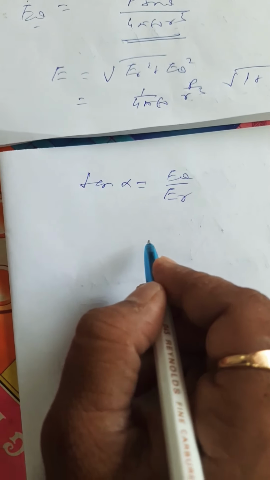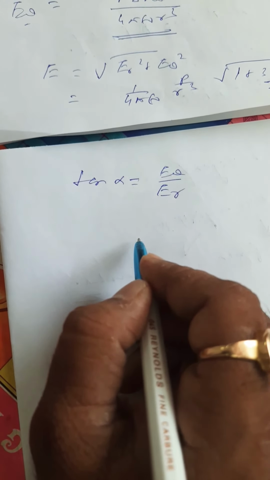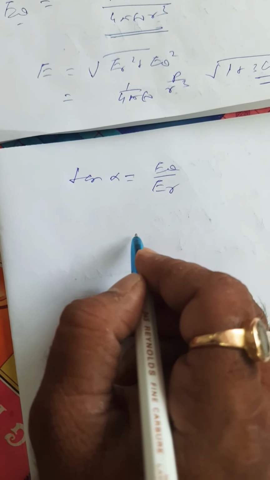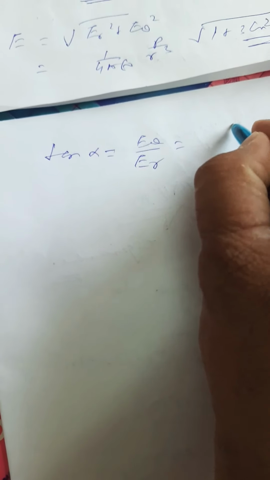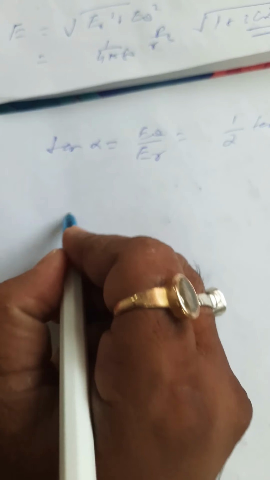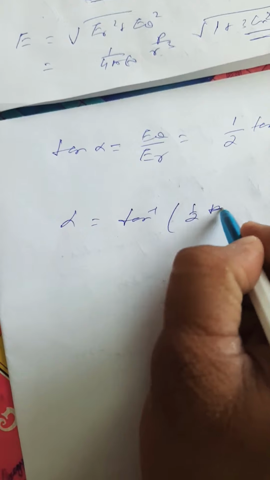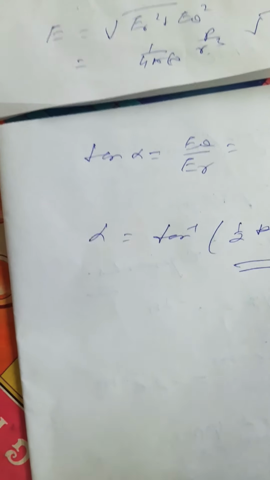Now substituting the value of E theta and Er, we'll get half of tan theta. So alpha is equal to tan inverse half of tan theta. So this will be the angle actually.